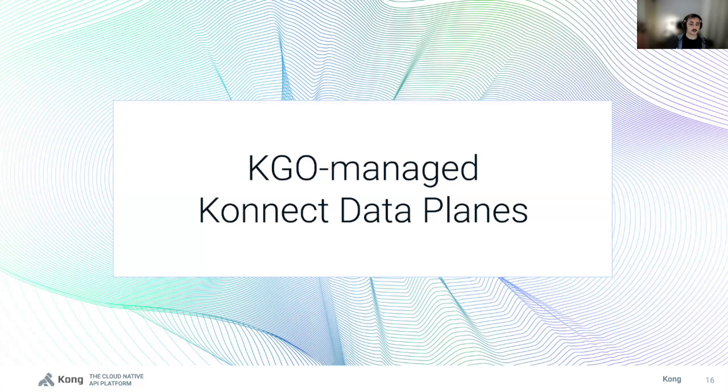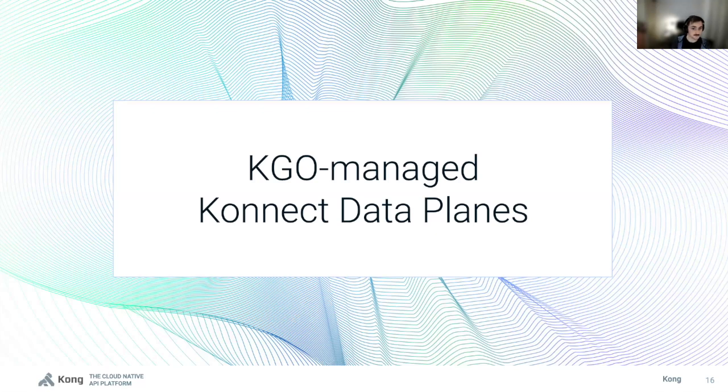As I mentioned before, every object contains also its status. So the operator will fill in the status with several bits of information that it will retrieve from Konnect APIs. So both the status conditions and also the discrete fields that we add to particular types will be filled, and it will show you everything that you actually need to know about said object.